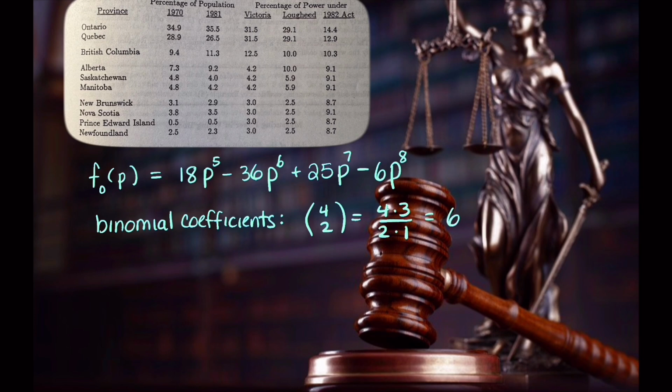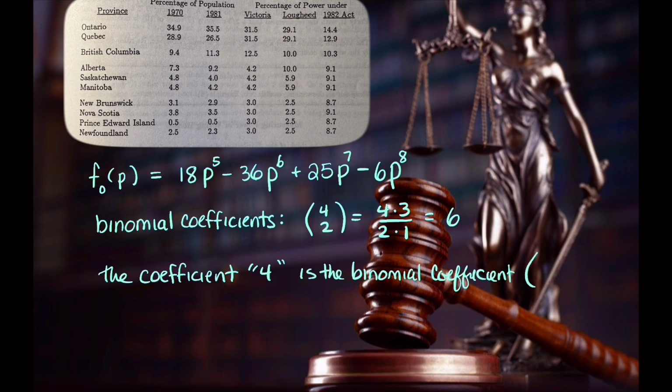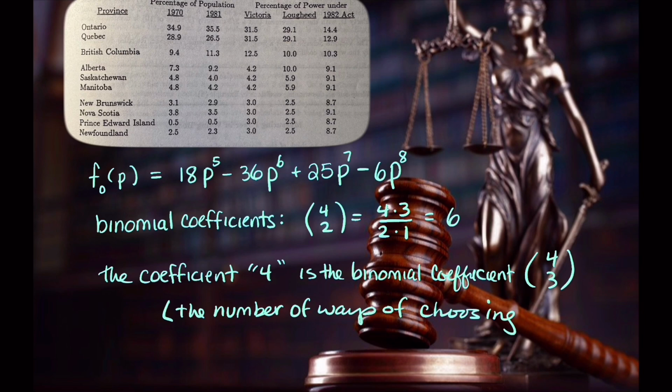The combinatorial notation here for 4 choose 2 is 4 times 3 divided by 2 times 1, which is 6. And you'll notice in one of the calculations from earlier that one of the binomial coefficients was 4 choose 3, which is 4. That's the number of ways of choosing 3 out of the 4 Atlantic provinces for a yes.